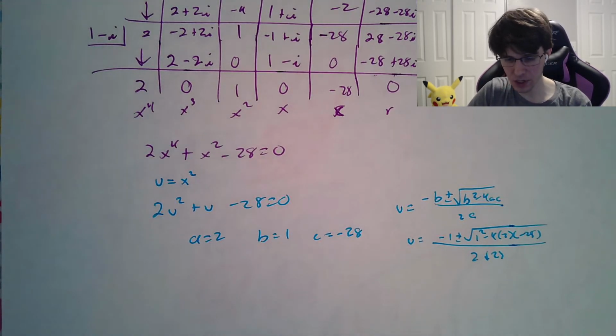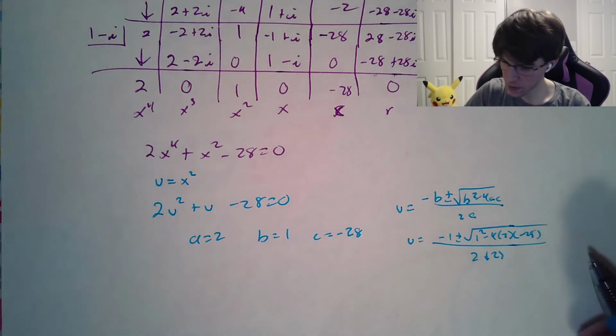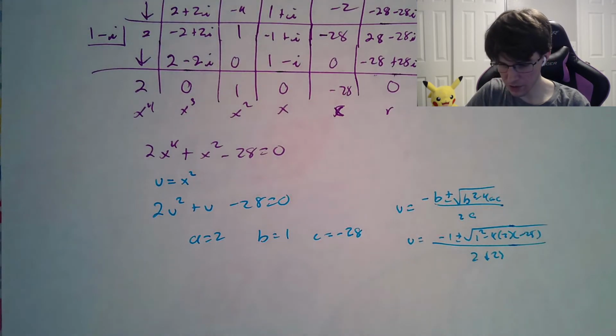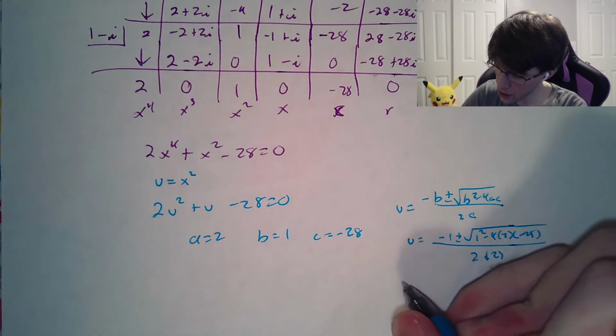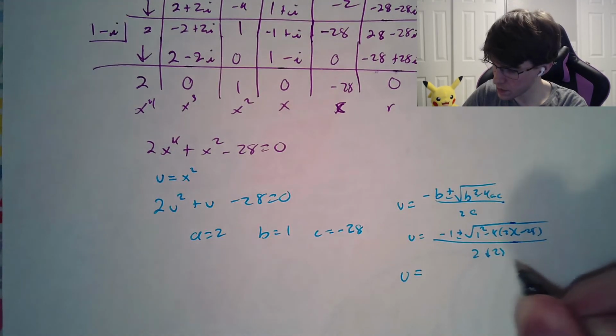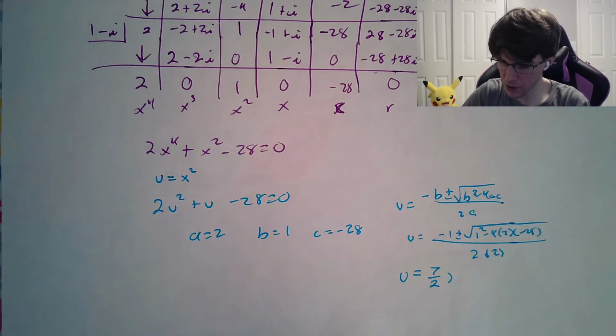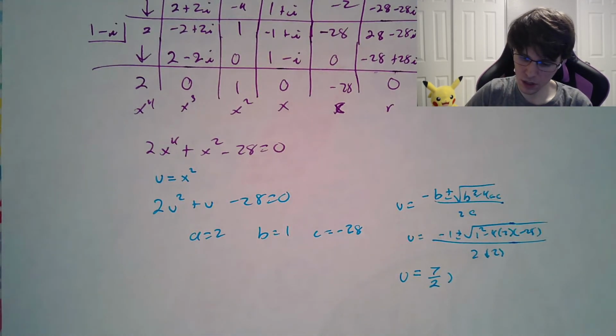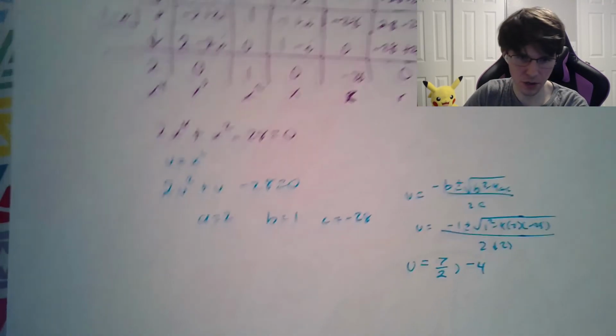-1 plus, now we have the square root of 1 minus 4 times 2 times -28, and that is divided by 4. If you plug all that into your calculator, you're going to get u is equal to 7 over 2 as one of your solutions, and -4 as your other solution.